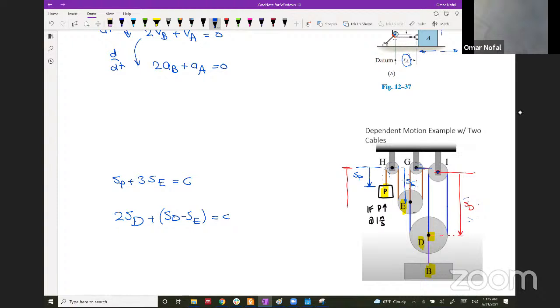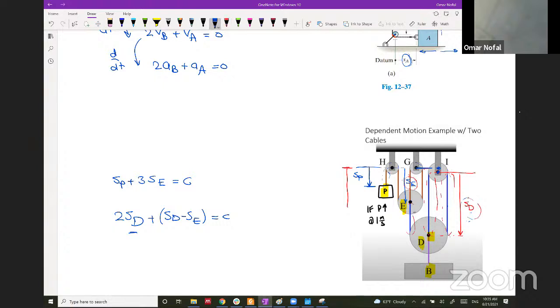So this is an error in the problem. So we should move this up to this location because otherwise this will add another variable to our problem. So if we assume that this pulley is at this location, you will have these 2 lengths, which is 2 SD here, the length of this one, and the length of this one, and the length of the third one will be equal to SD minus SE.